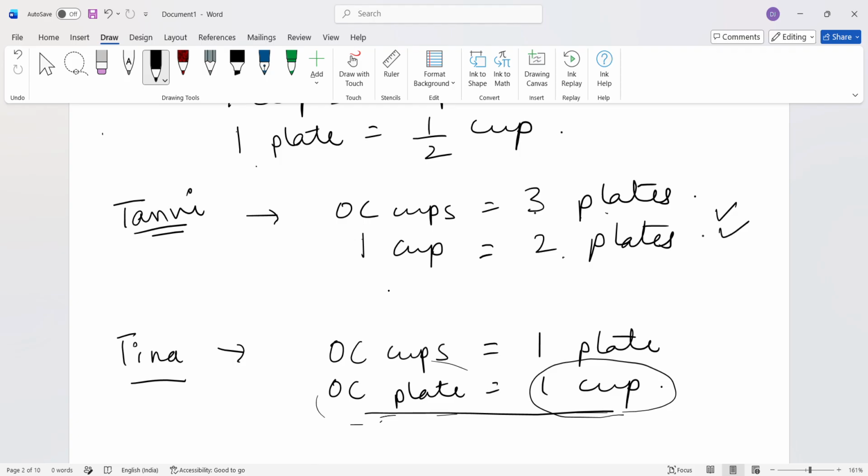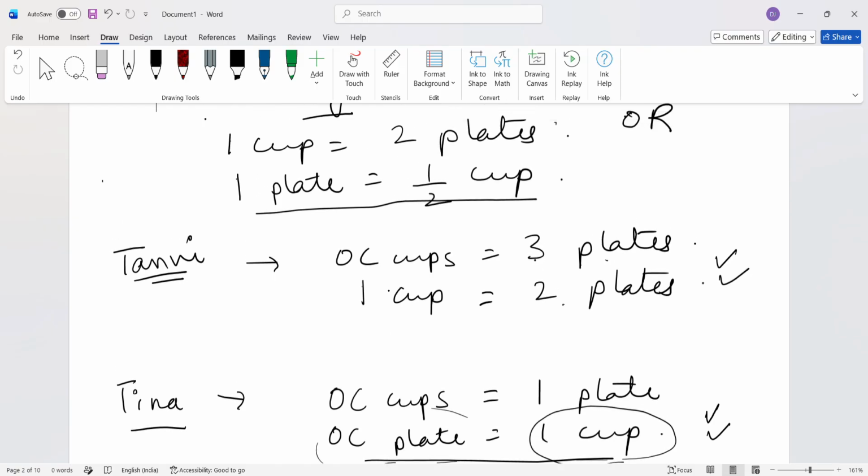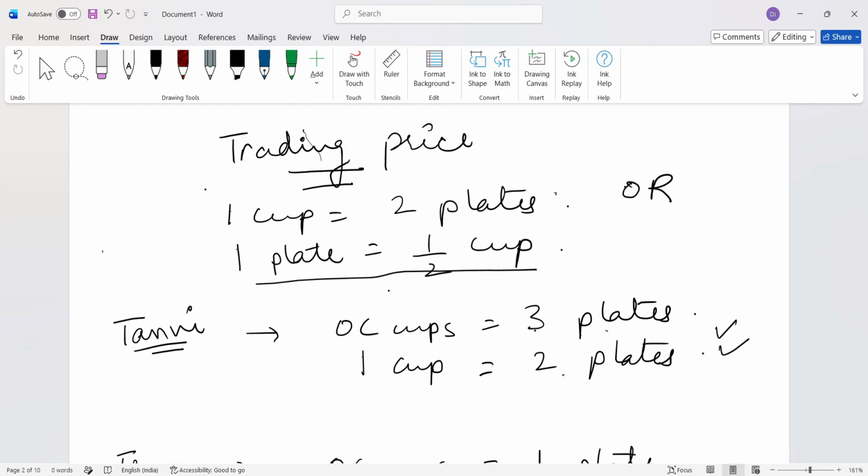But if she is trading with Tanvi, then with that trading price she has to sacrifice only half a cup, because 1 plate equals half cup. That's the trading price I've taken, right? So it's beneficial for Tina as well. Since this trading price is beneficial for both of them, trade will happen at that trading price.